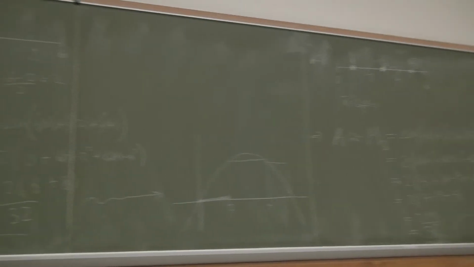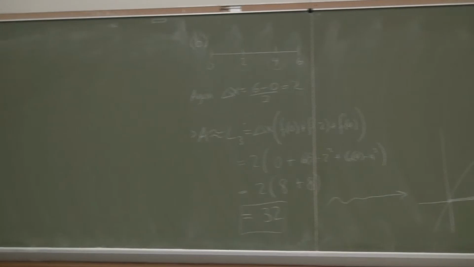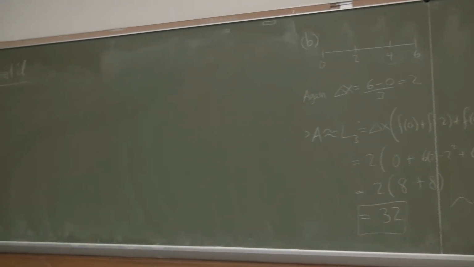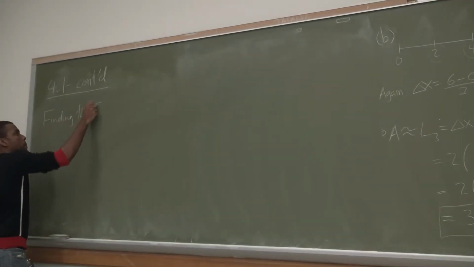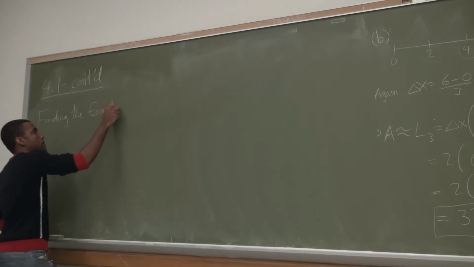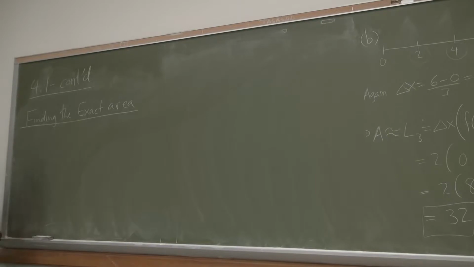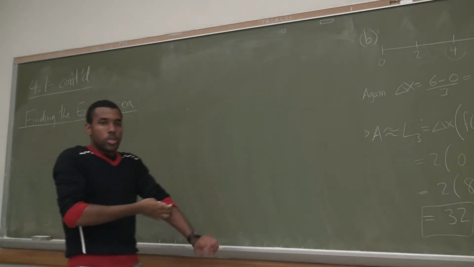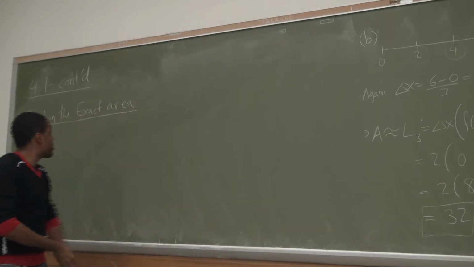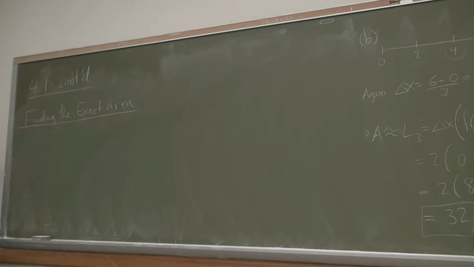All right, so now let's talk about finding the exact area. So what if the approximation isn't good enough? We spoke about this last time, how we got the exact area. How did we get the exact area? Each little square.